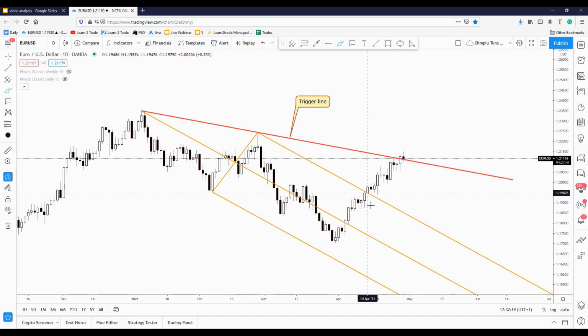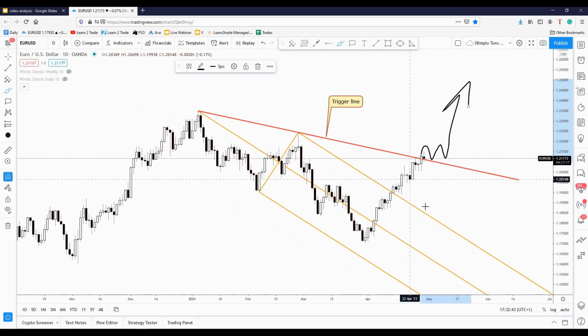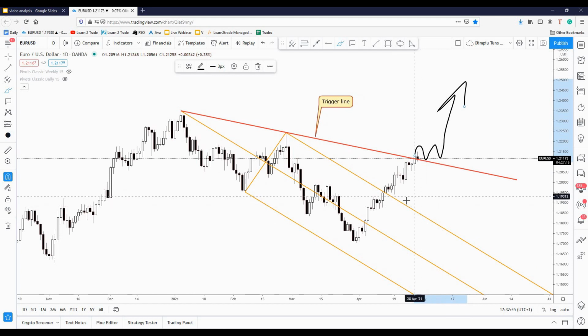Okay, so the breakout, this breakout above the upper medium line of the descending pitchfork wasn't enough for us to consider going long on the euro versus the US dollar. But if the price will stabilize above this trigger line, if it retests the trigger line, if it stabilizes above it, then we'll have a confirmation that we'll have a reversal here.